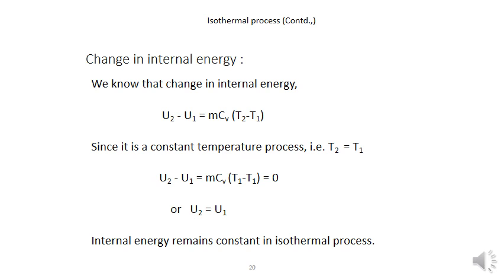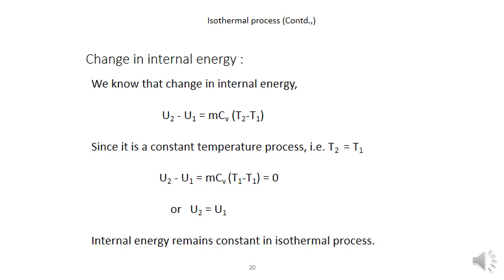So, what happens here? During the isothermal expansion of the gas, W is positive, which means Q must also be positive: heat is supplied to the system, the gas. The volume occupied by the gas is expanding, the volume is increasing, so that the temperature of the gas is maintained constant.